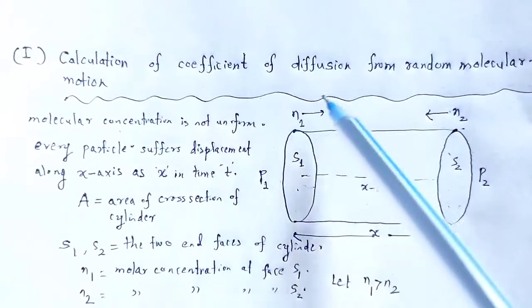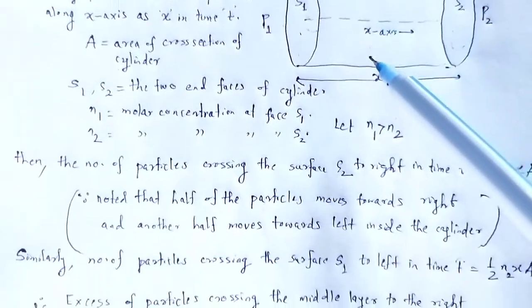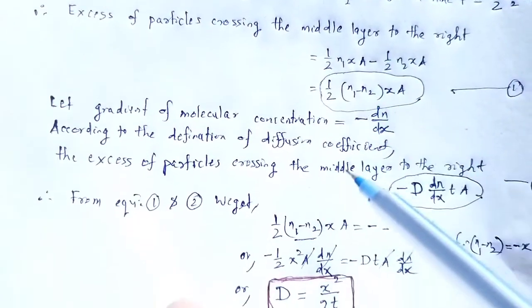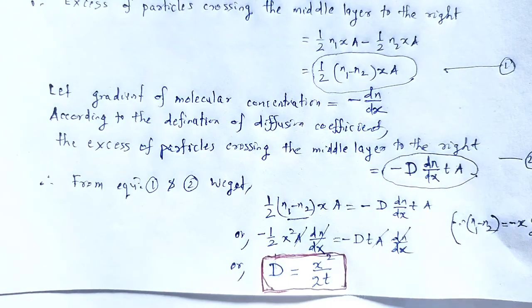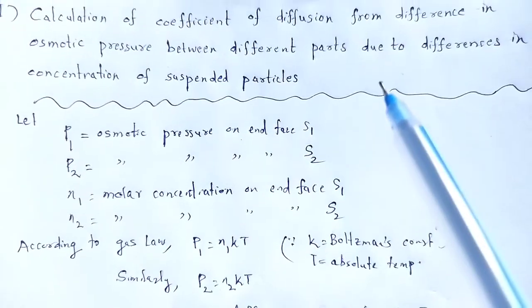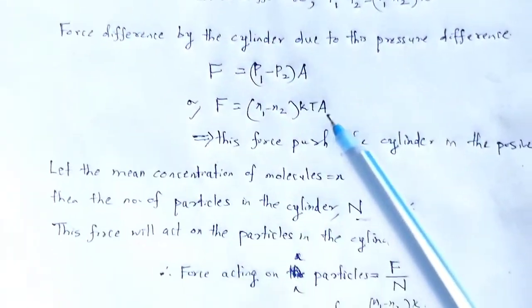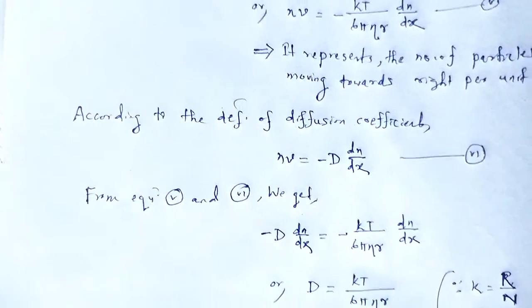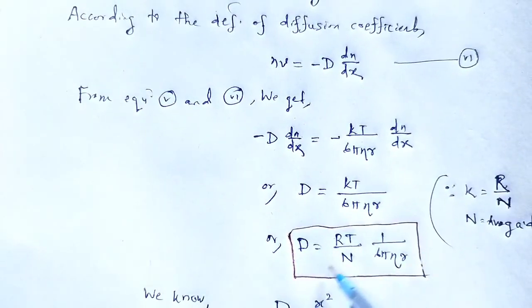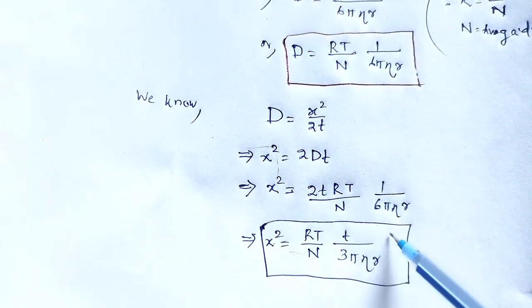From the first one, taking the random molecular motion, he mathematically derived the diffusion coefficient, and taking the second one, the difference in osmotic pressure, he derived the diffusion coefficient, and comparing these two we can calculate x square.